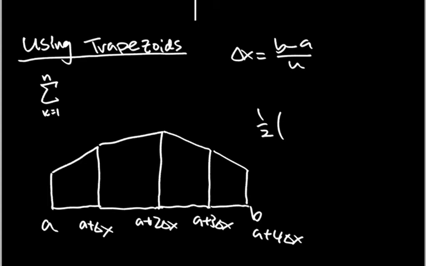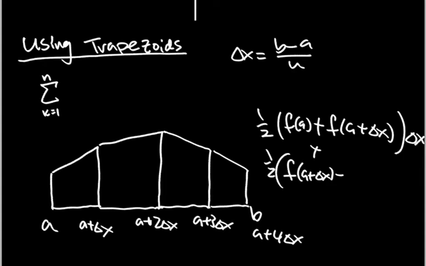So what we end up with is 1/2 f of a plus f of a plus delta x, times delta x. And then you will add another 1/2 f of a plus delta x plus f of a plus 2 delta x, times delta x.